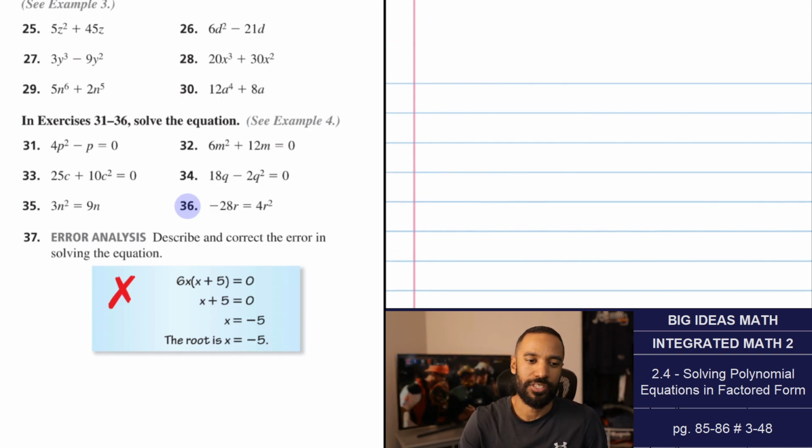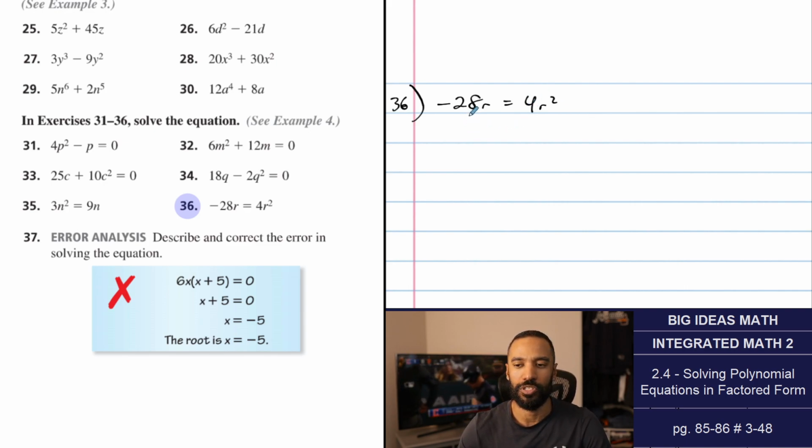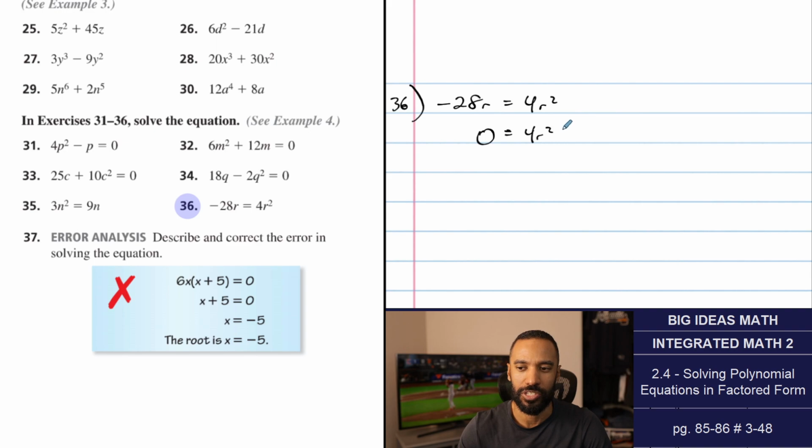Number 36, we have negative 28r equals 4r squared. Now, I could subtract 4r squared over and set it equal to 0, but like I said, I want to keep this one positive if possible, so I'm going to add 28r to both sides. I don't like writing my 0 on this side, though, so I'd rather write everything on the other side as 4r squared plus 28r equals 0.